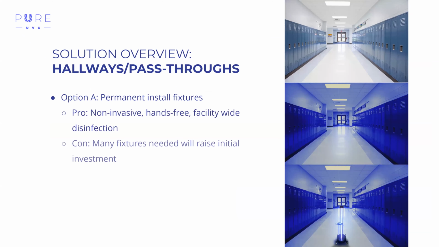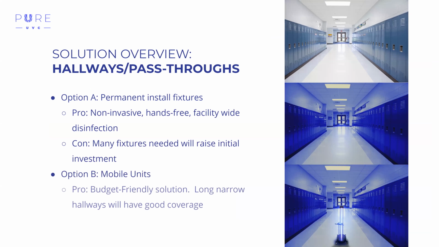Now, hallways or pass-throughs. So this is our corridors, our areas between classrooms. Couple options. Option A is permanent install fixtures. This is the more robust solution. This is a solution that does not require so much hands-on work. The one problem here is that it does get a little bit pricey.